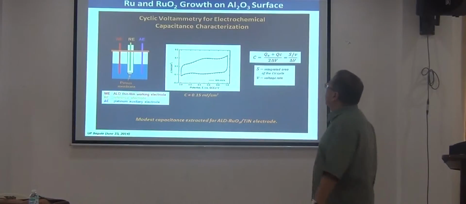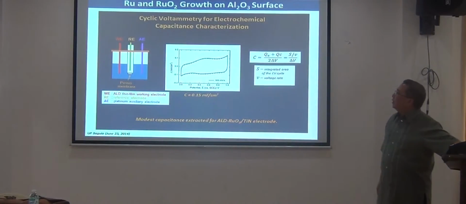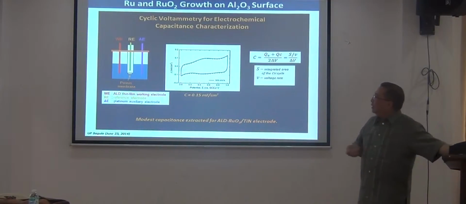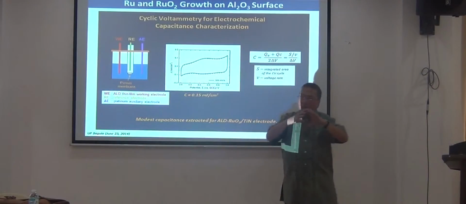Okay? So now let me go back to characterizing this as electrodes for capacitors. So the way we measure capacitance is called, for the chemists, we just use cyclic voltammetry, right? And the working electrode is our film.